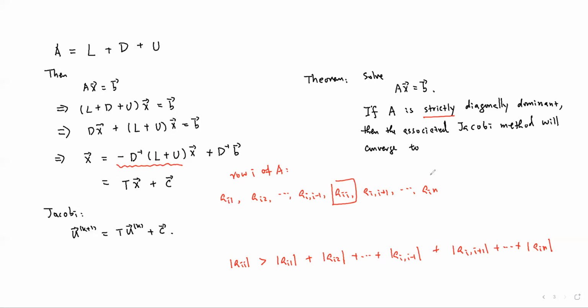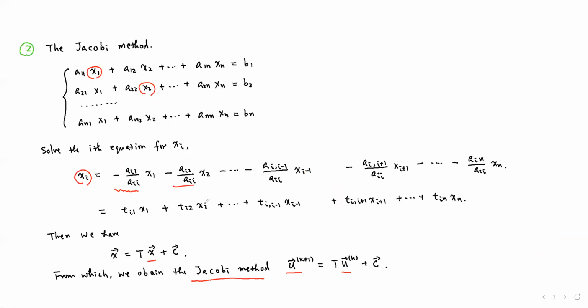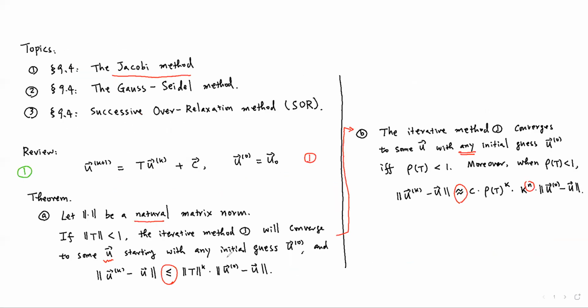The previous theorem guarantees that with any initial guess, the iterative scheme converges to some U, but it doesn't say anything about whether U is the solution of the linear system.